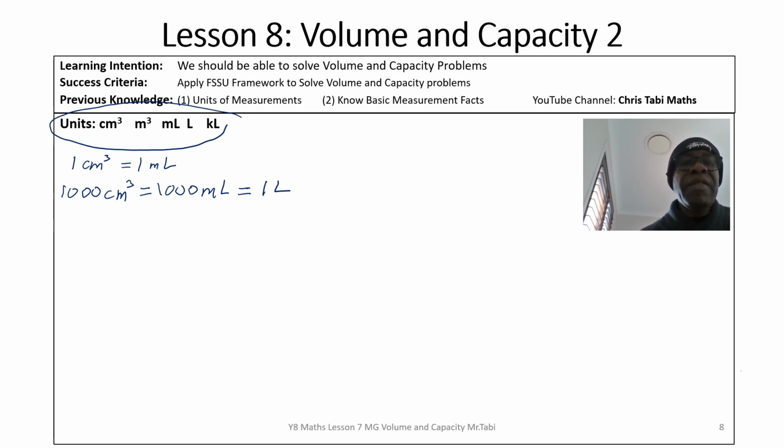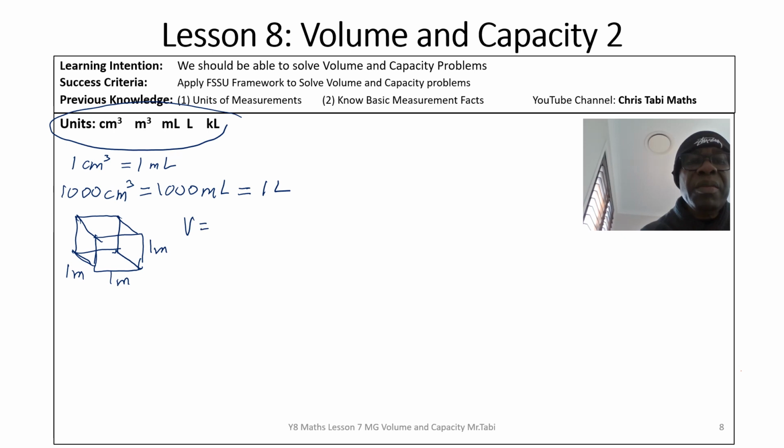Now let's try and find some relationship between the meter cube and the kiloliters, from what we know. Let's suppose I have a cube of side 1 meter by 1 meter by 1 meter.